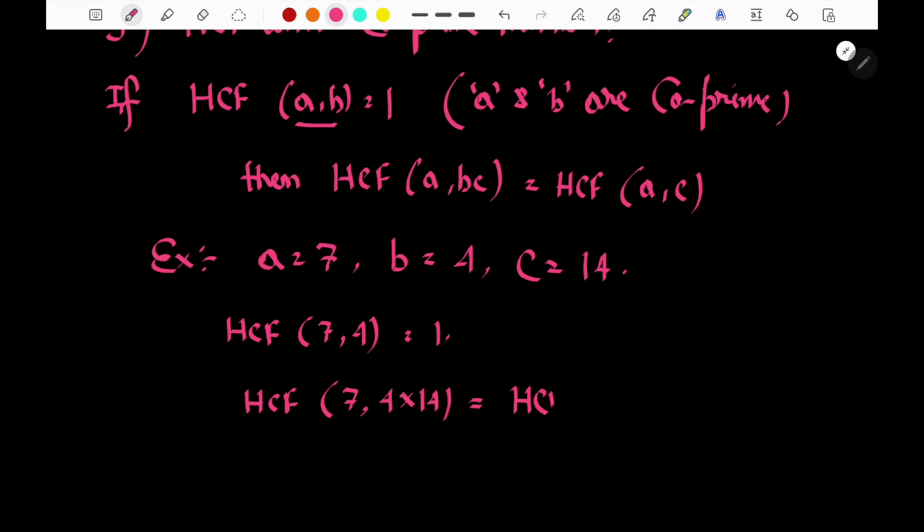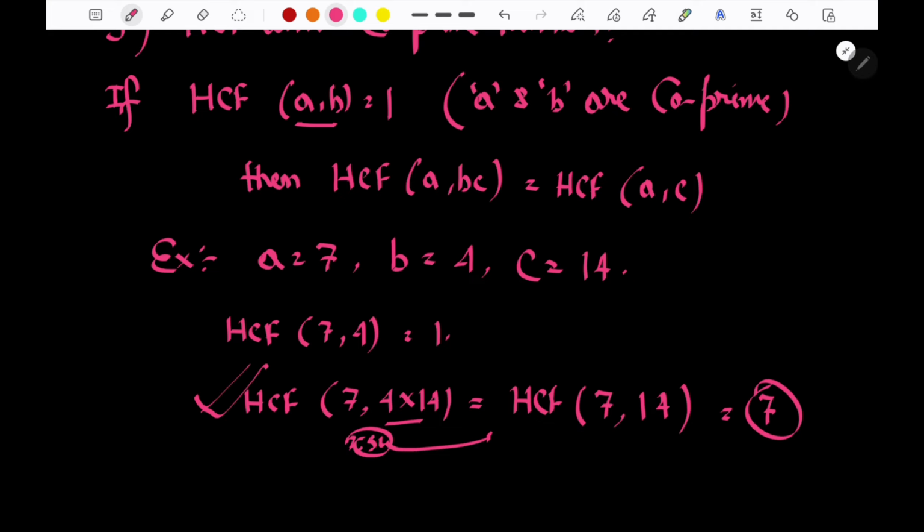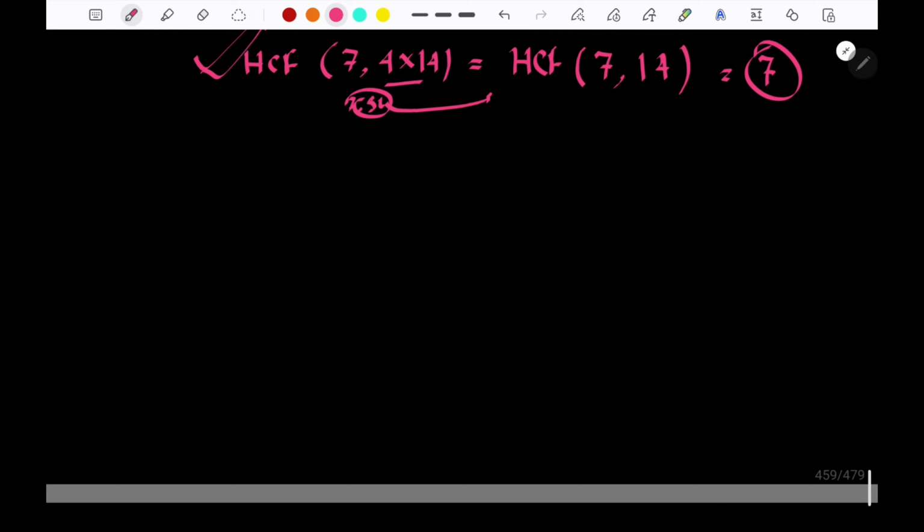Now this will be same as HCF of 7 and 14, since HCF of 7 and 4 is 1, which is equal to 7. Even if you multiply 7 comma 56, the HCF is 7. So actually it is true.